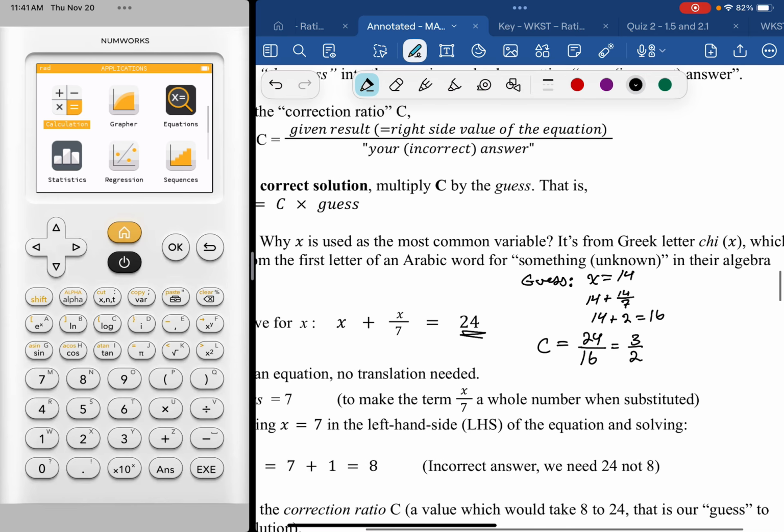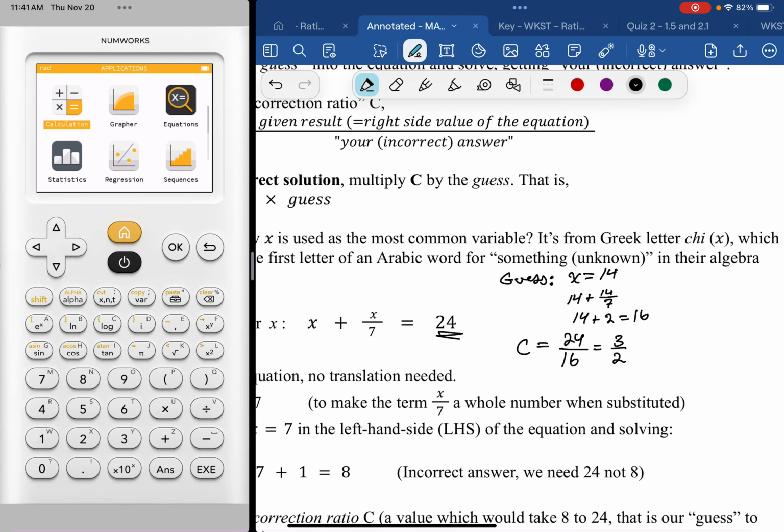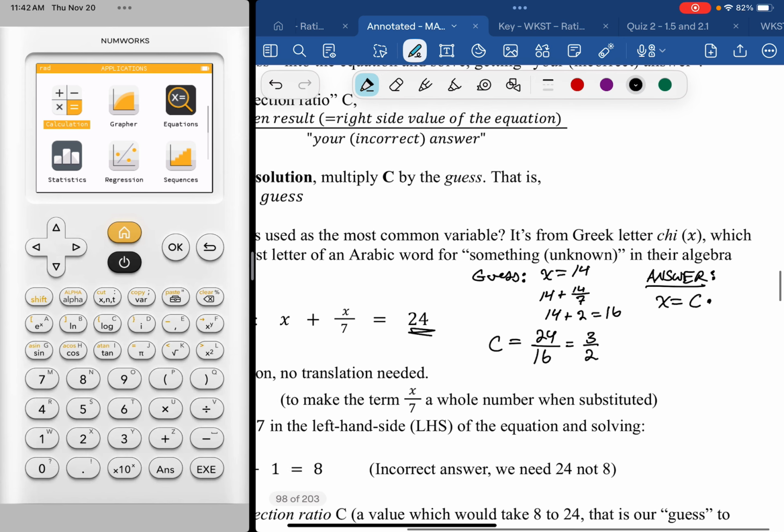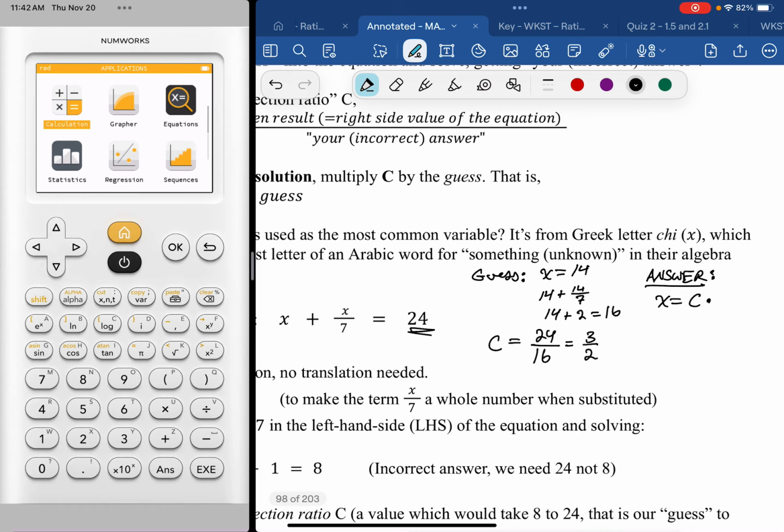So 3 over 2 is my C, all right? So my answer X is going to be equal to whatever that correction factor, correction ratio, multiplied by the guess.